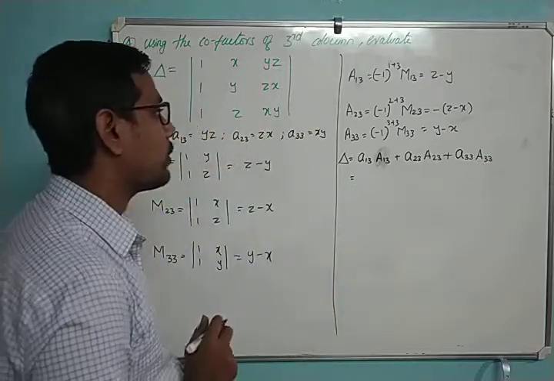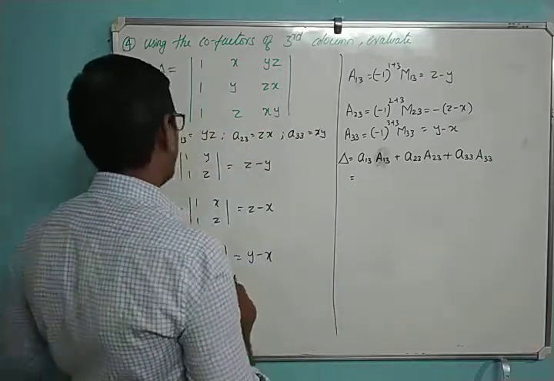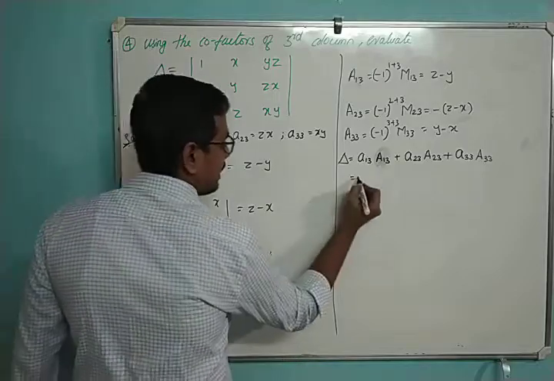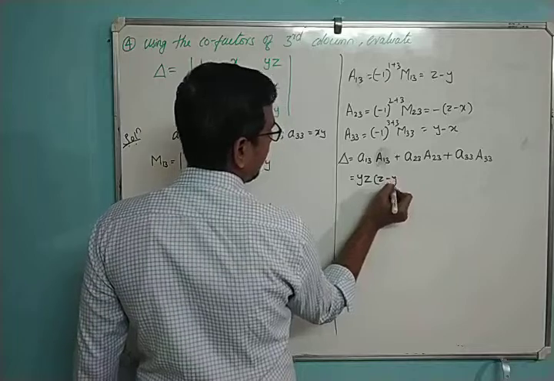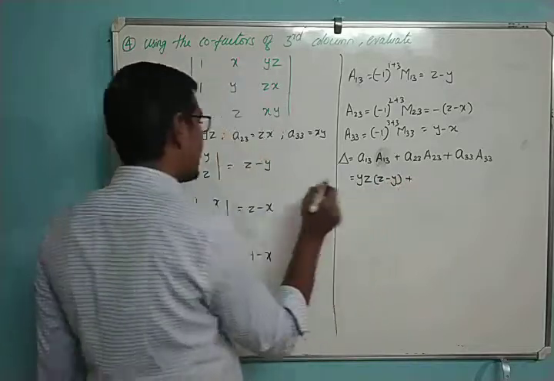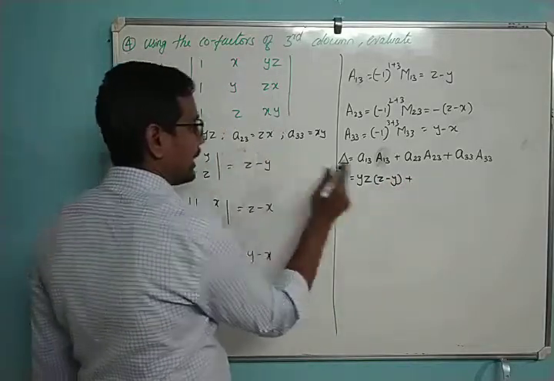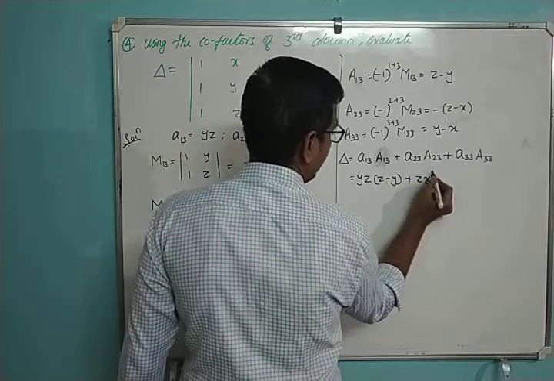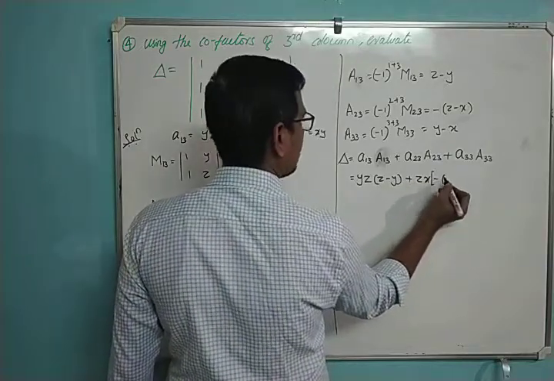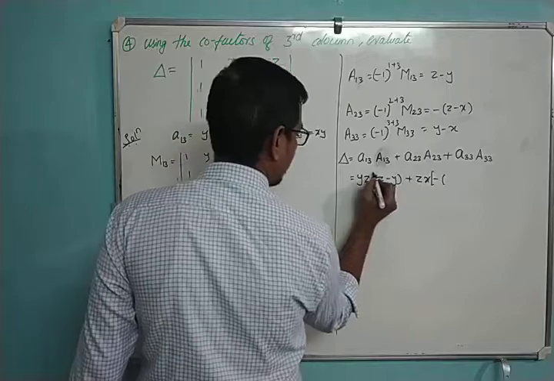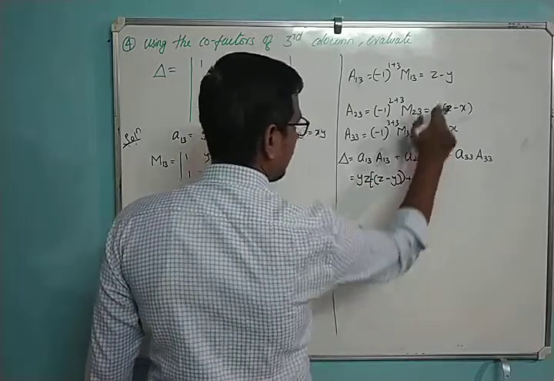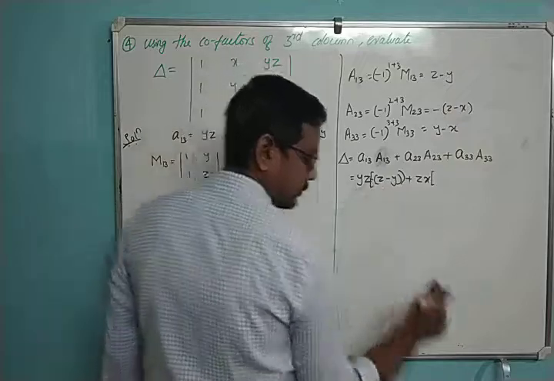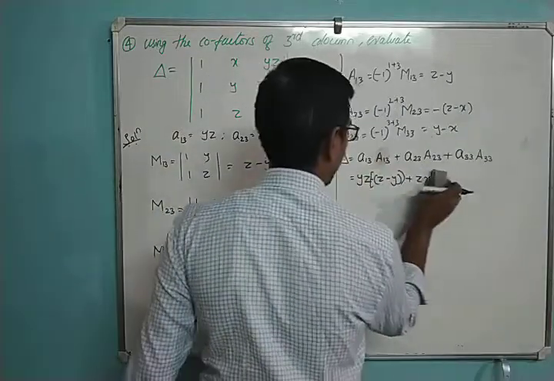So a13 is yz, and A13 is z minus y, plus a23 is zx into minus of z minus x. Let me write it clearly.